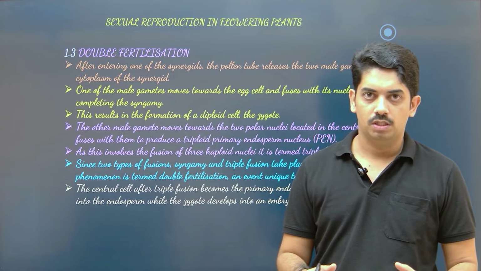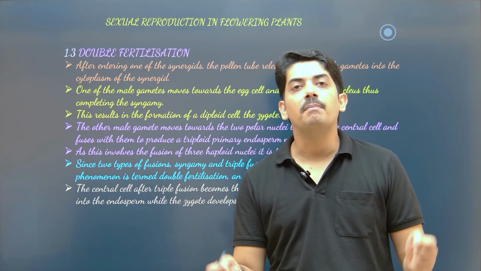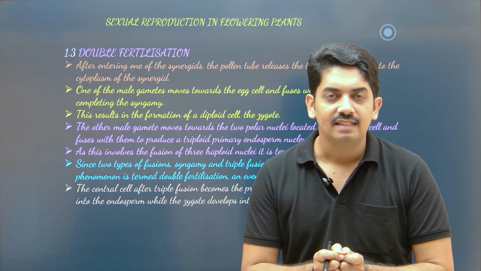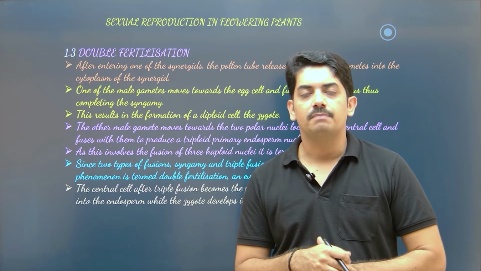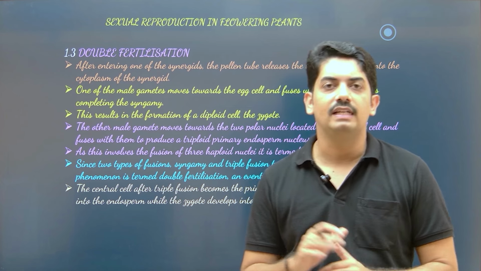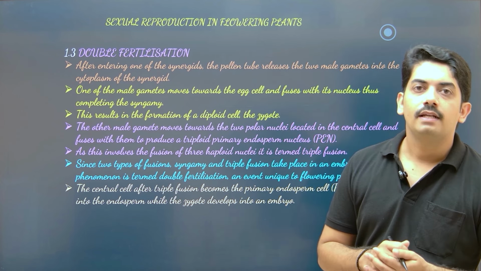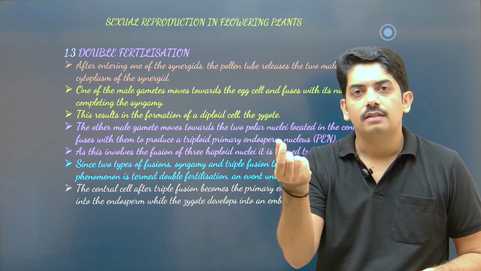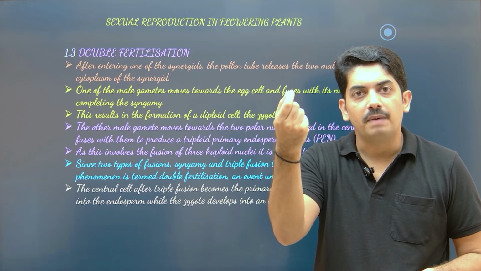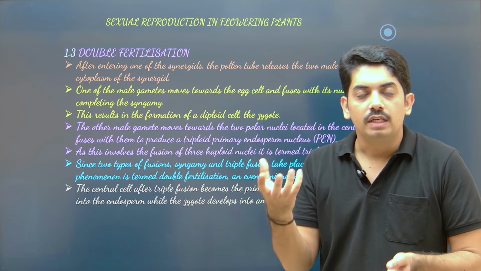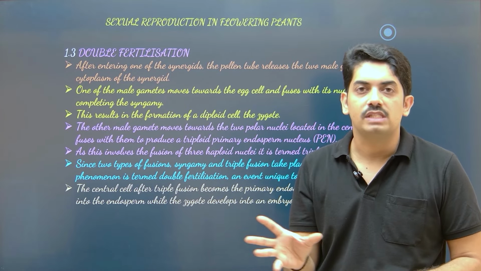What happens when the male gamete comes in contact with the female gamete? This is a very interesting part. Already we discussed a little about double fertilization. As I said, the pollen tube germinates on the stigmatic surface, passes through the style and reaches the ovary, where in the locule so many ovules are present.